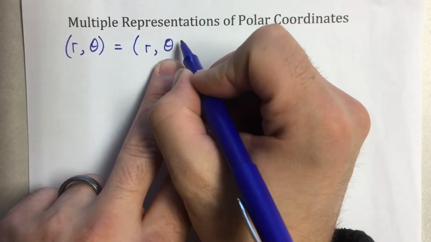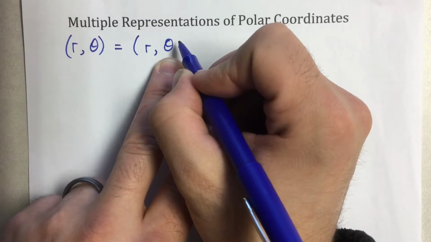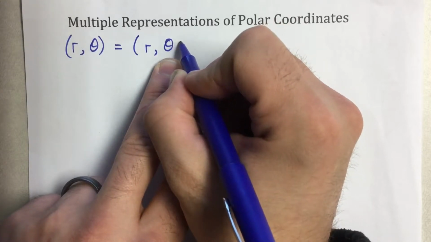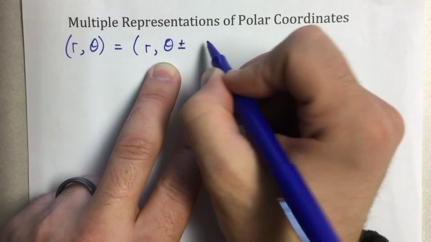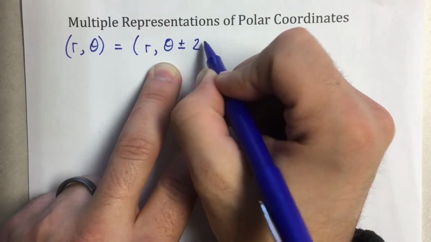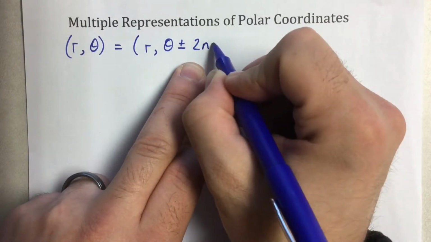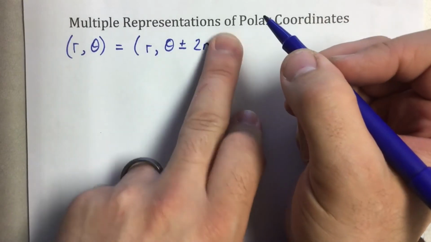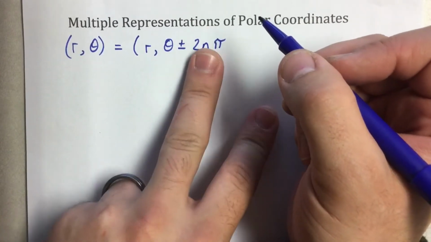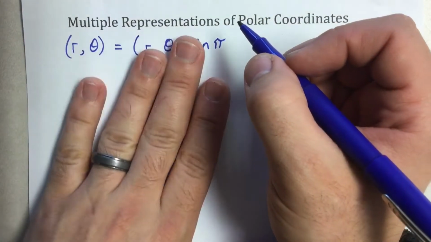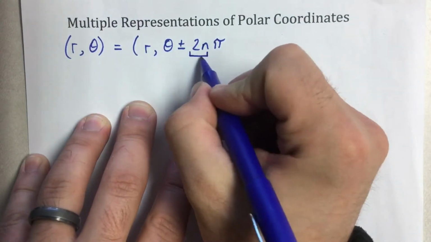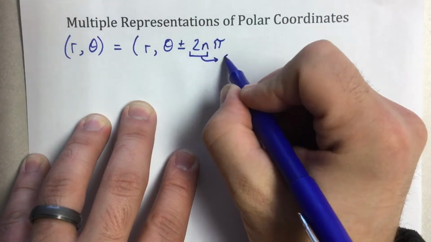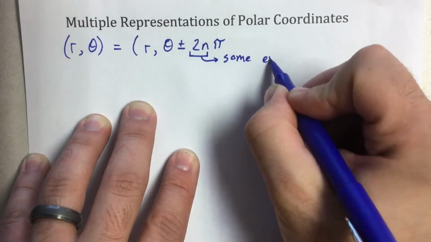So we're going to take our θ, whether in degrees or radians, and we add or subtract 2nπ, or it could be 360° here. Here, 2n is simply a way of saying some even number.